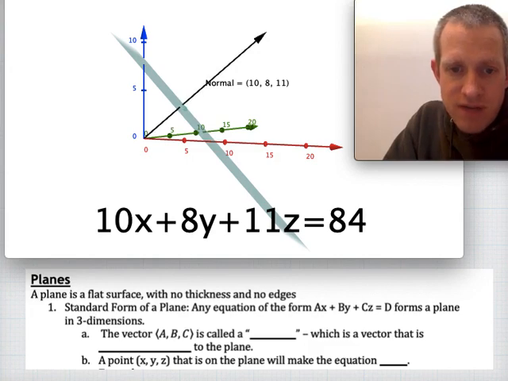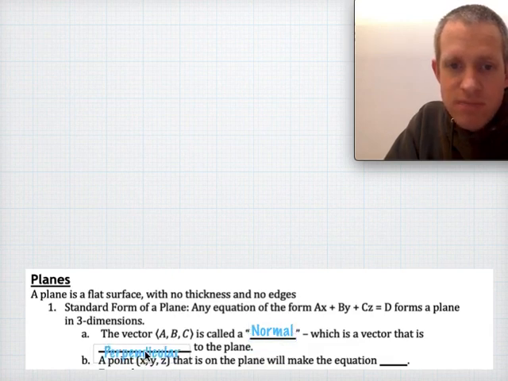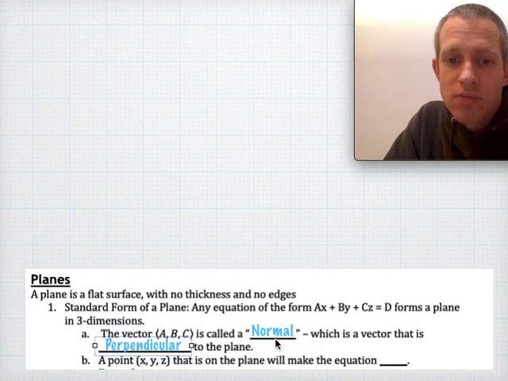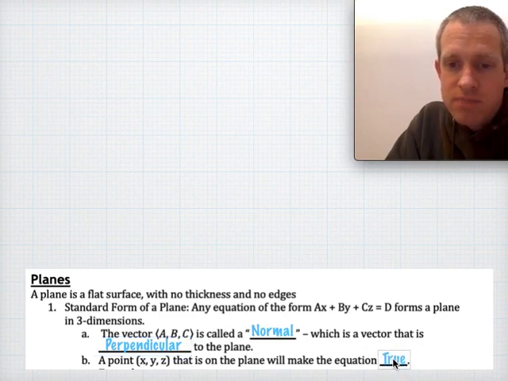We call that vector the normal vector. Kind of a strange name, but that's what it is. Any vector that's perpendicular to a plane is called a normal. And then because of this equation, any x, y, and z, any combination of numbers that makes this equation true is going to be a point that's on the plane.